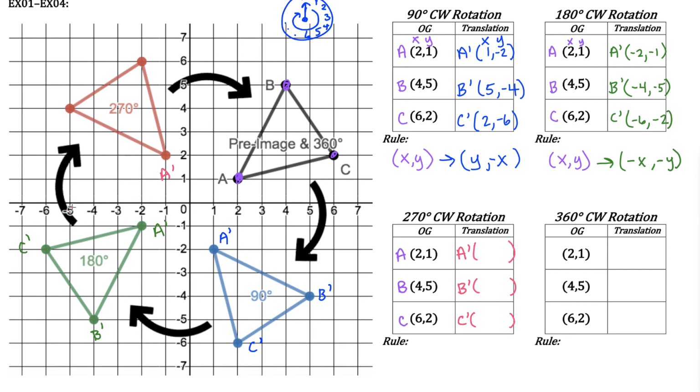C went over here. And B prime went over here. So A prime is (-1, 2). B prime is (-5, 4). And C prime is (-2, 6).